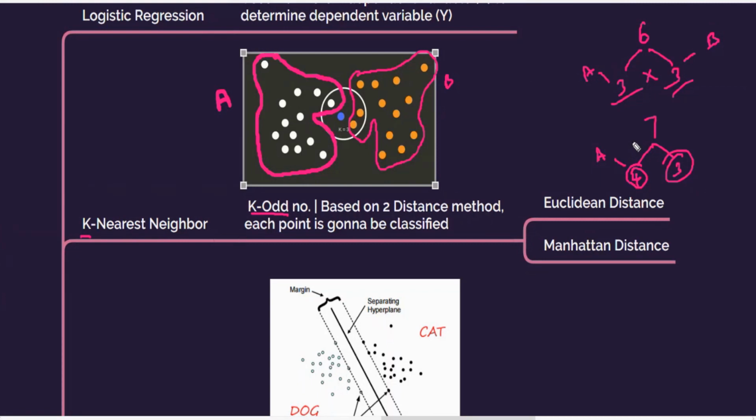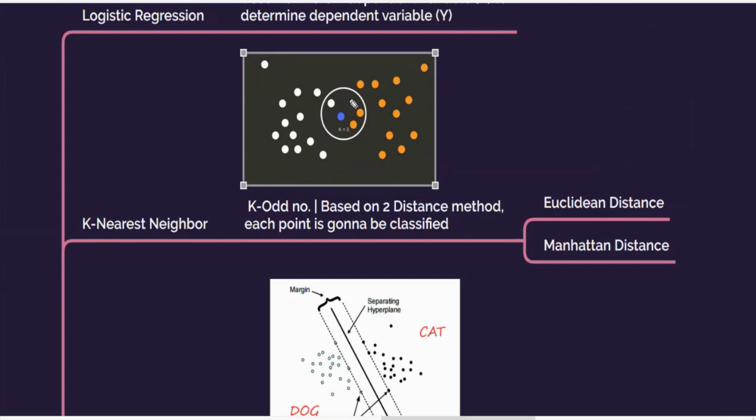This is the reason we take the K value as an odd number. Then these points are taken based on distance. Nearest distance points only we will take. In this example, we have given the K value as 3.